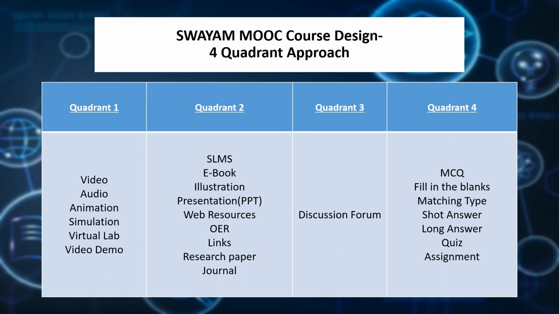Then quadrant 3 is discussion forum, quadrant 4 is related to the examination. So, friends, quadrant 1 and quadrant 2 are specifically dedicated to using technologies. So, anyone who is doing any program on the SWAYAM platform, they will see some reading text and video materials. Apart from this, they will also see some other digital contents.